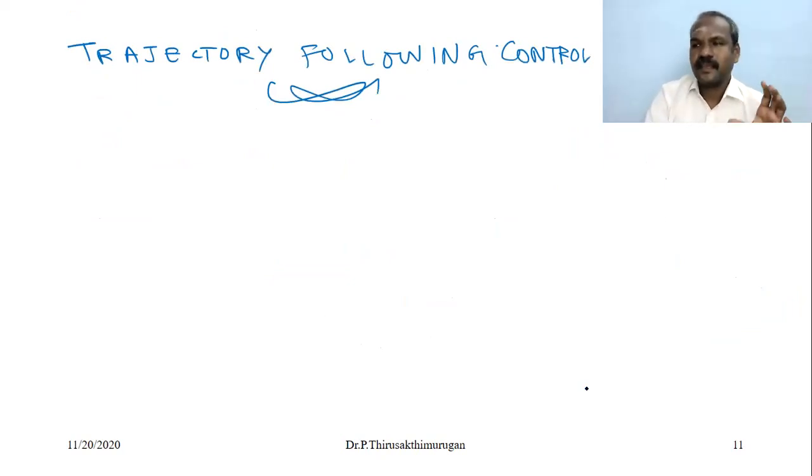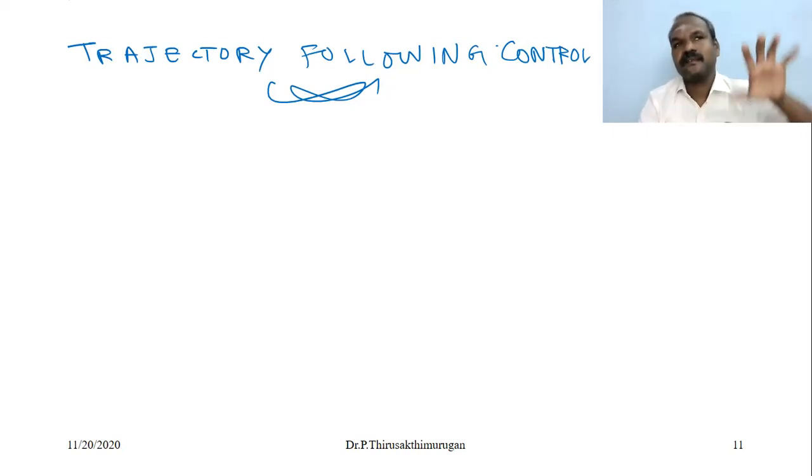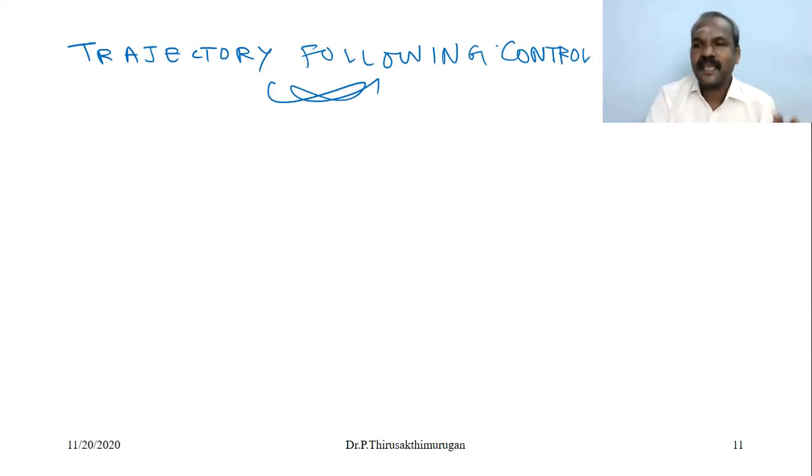Rather than just maintaining the system at the desired location, let us enhance our controller so that the block can be made to follow a particular trajectory. In the previous case we fixed some desired position and regulated about it, but here we are not going for a desired position location. Our controller will be enhanced so that the system will follow a particular trajectory.